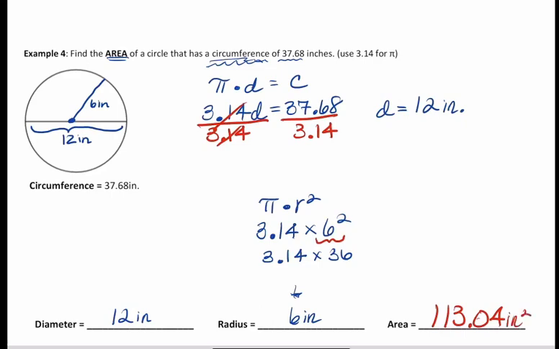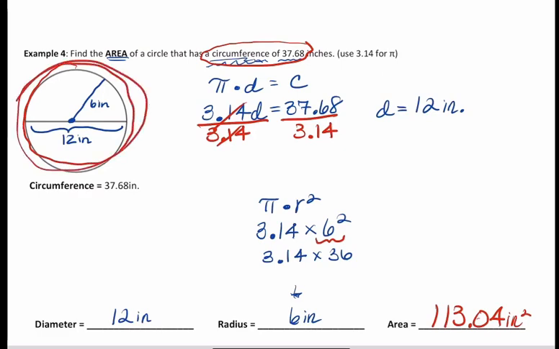So that's it. All right, that was kind of an interesting problem. When you think about it, it shows you that if you have the circumference of a circle, that's enough to tell you even the area. If you know the distance around a circle, that's a terrible drawing right there, but you know what I mean. If you know how round one time around it is, then you should be able to divide that by pi, and that will tell you what the diameter is.